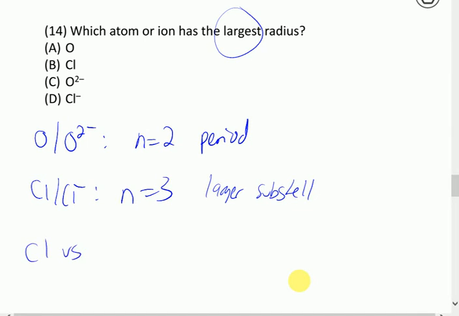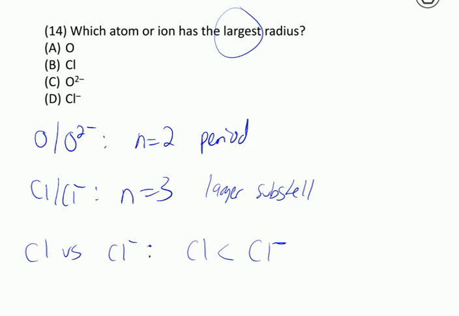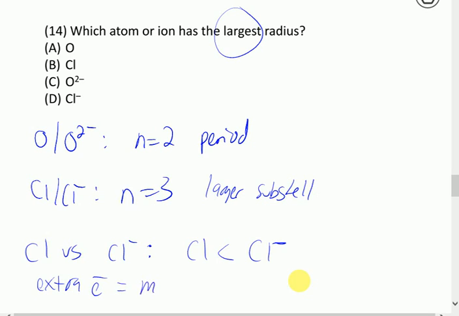So if we're narrowing it down to these 2, we have this relationship between neutral species and anions, which is that the anions are always larger, if it's the same element particularly. So chlorine is going to be smaller than Cl-. And the reason is when we start adding additional electrons to make anions, we have extra electrons in the outer shell, which means we have more electron-electron repulsion.